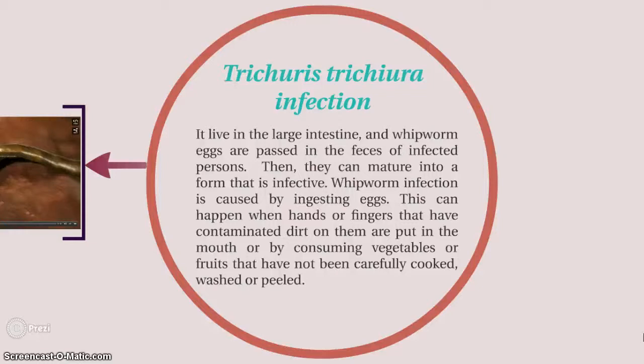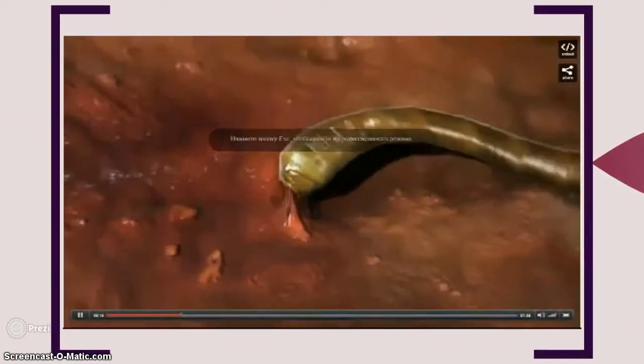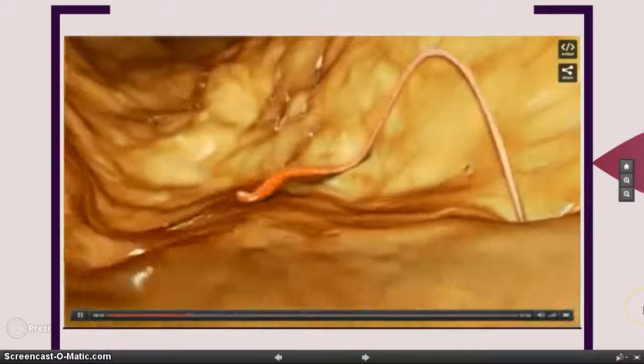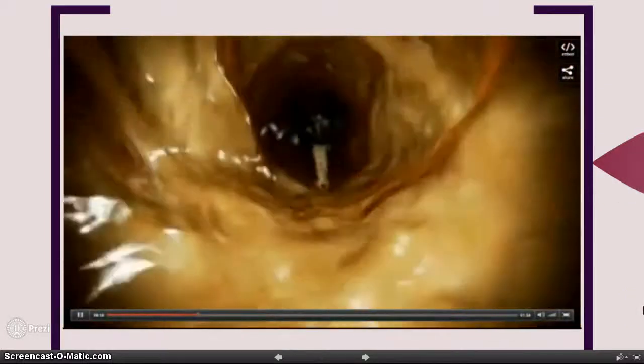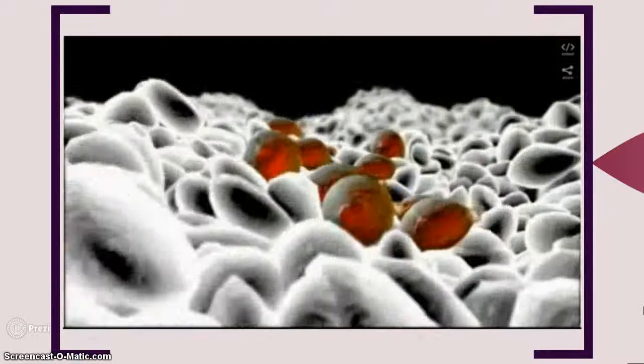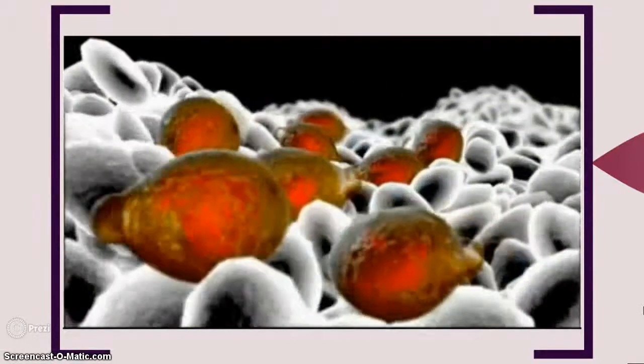This can happen when hands or fingers that have contaminated dirt on them are put in the mouth, or by consuming vegetables or fruits that have not been carefully cooked, washed, or peeled. In this video, we can see how the trichuria get in our intestine and lay their eggs.